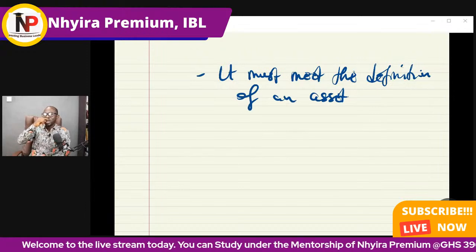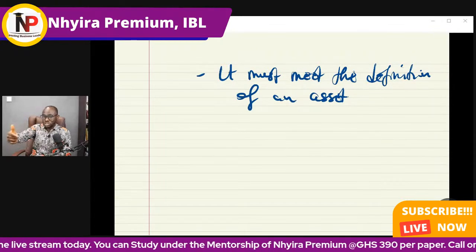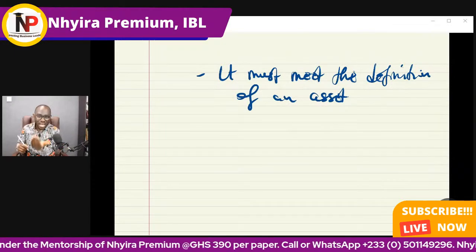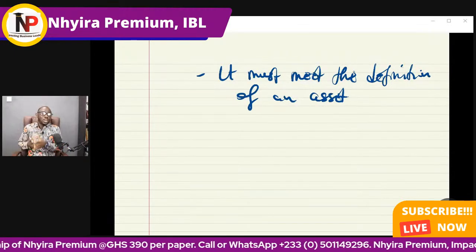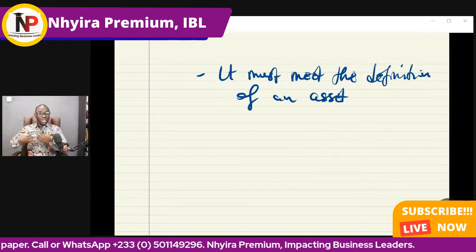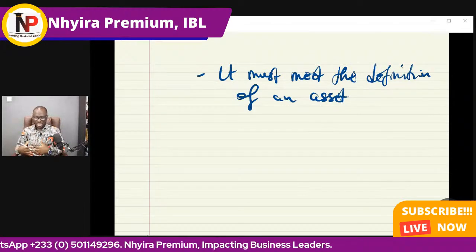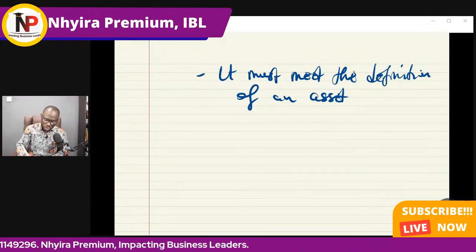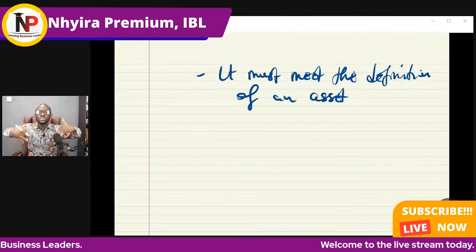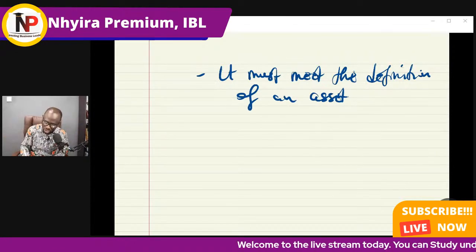We define assets as resources controlled by an entity as a result of past events from which future economic benefit flows to the entity, right? So the backdrop of the recognition is that it should meet the definition of an asset.